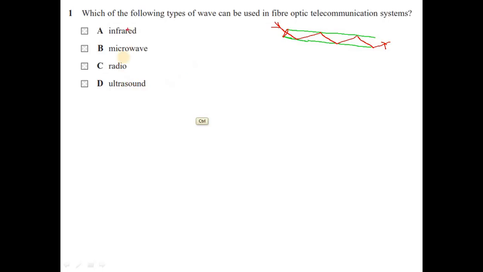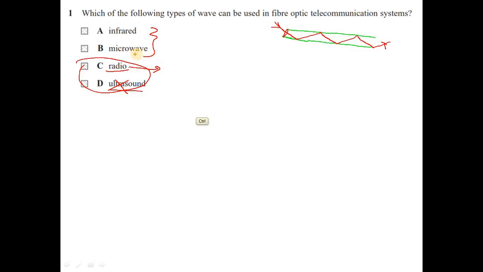So if you see the options, we have ultrasound, we have radio waves. These two cannot be our option. We don't use ultrasound in fiber optics, and radio waves have a larger wavelength. Radio wave has a wavelength in kilometers. The only problem is comparison between microwave and the infrared.